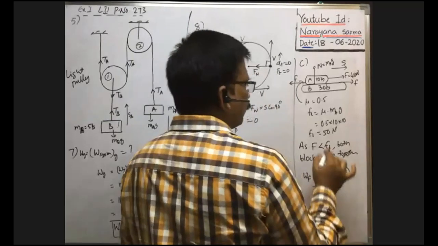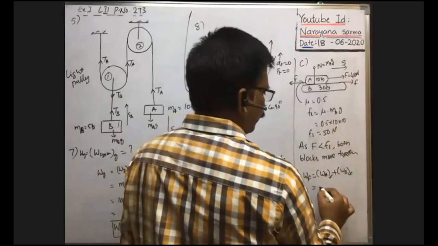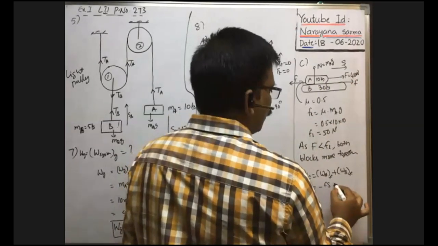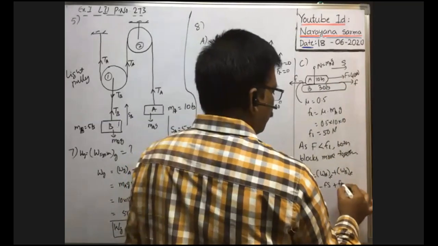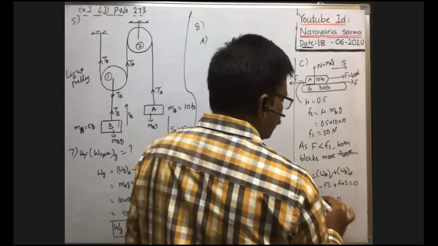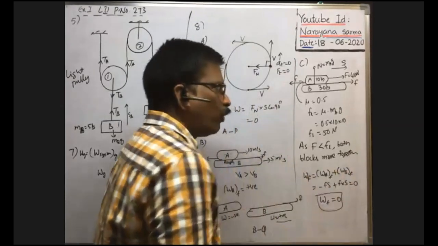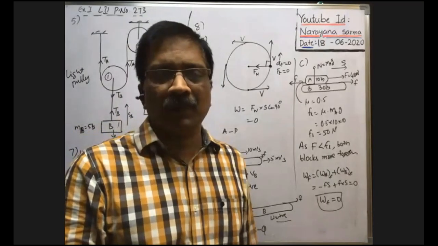Work done on block A is minus F S, plus work done on block B by friction, F into S, that is equal to 0, no? So work done by friction on the system is equal to 0, because both blocks move together.